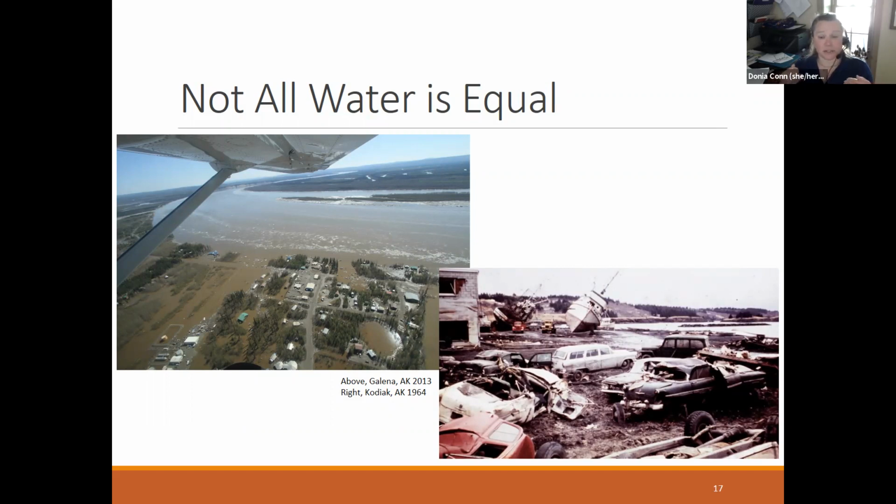And looking at the picture, particularly from Kodiak, we see these cars parked that have been picked up and just deposited here. So knowing all of the chemicals that are in our vehicles, we know that's in the mix. But then on top of it, particularly for those of you on the coast, you're going to have salt in that water too. And salt can be extremely corrosive for a lot of metals, which is going to just hasten their deterioration and could cause subsequent problems down the line.